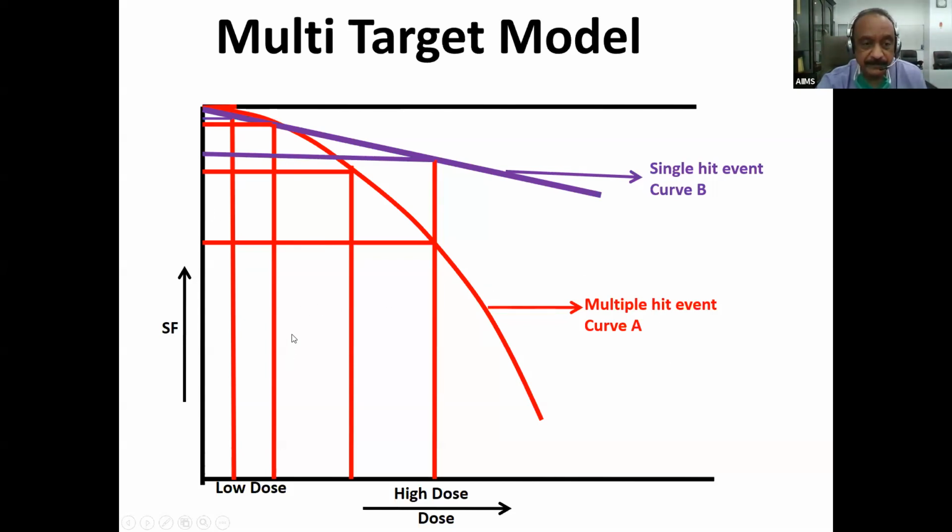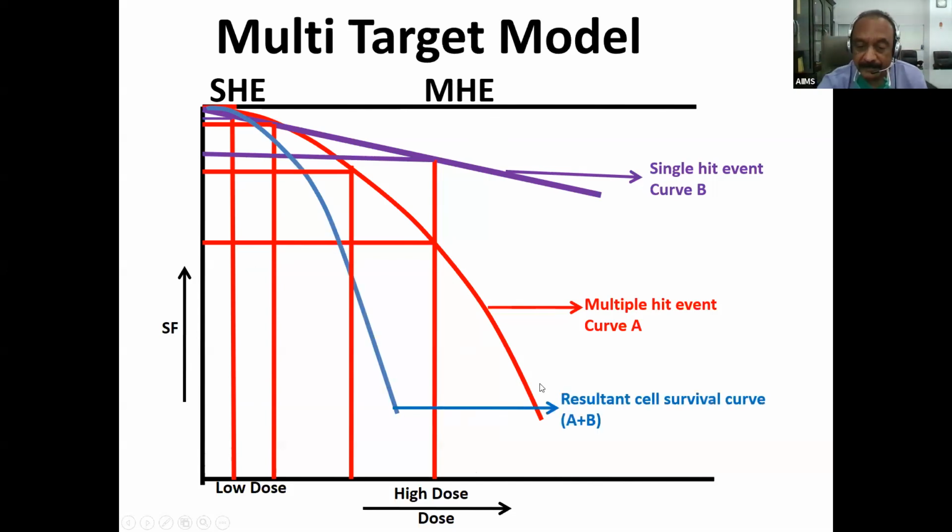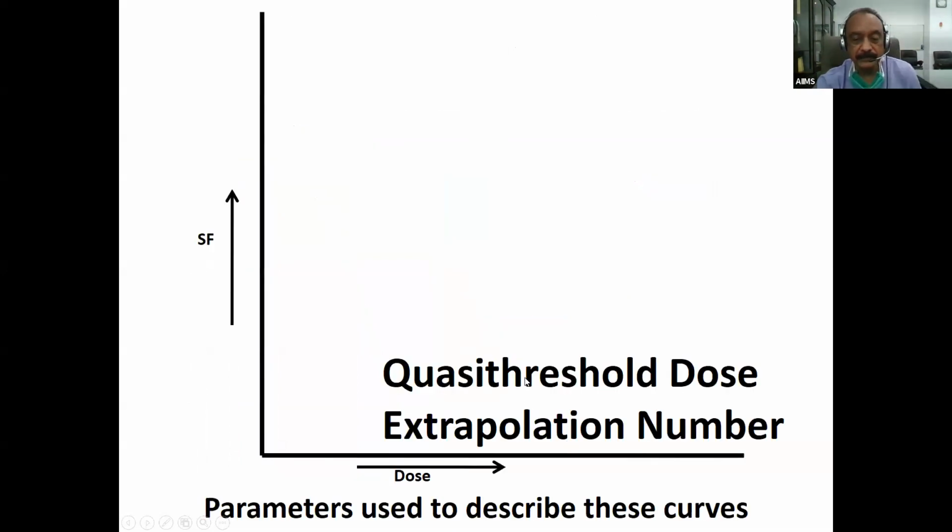So we can say from this graph that in the low dose region, the main contribution in cell kill is by single hit event, and in the high dose region, the main contribution in cell kill is by multiple hit event. And this is the resultant curve which reflects both processes of cell kill, that is single hit event as well as multiple hit event.